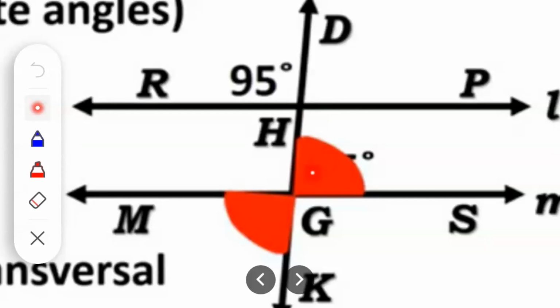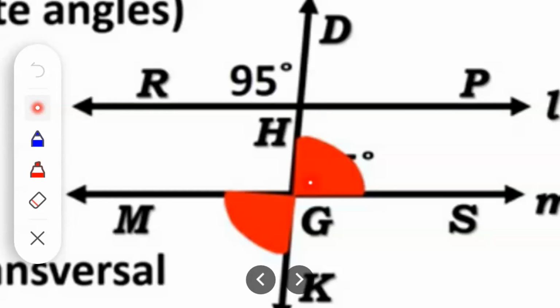So here this property you can also use, that interior angles are supplementary to each other. So if one of them is 95 degrees, the other you get by subtracting from 180 degrees. That property you can also use.